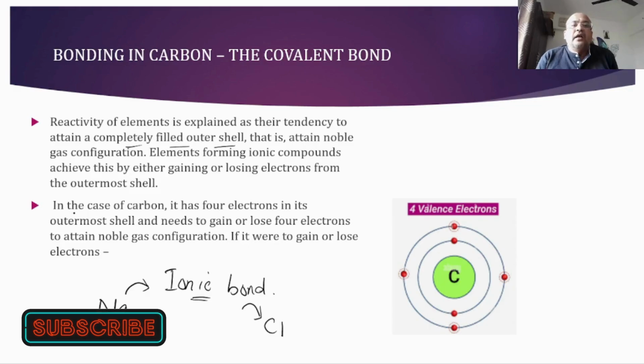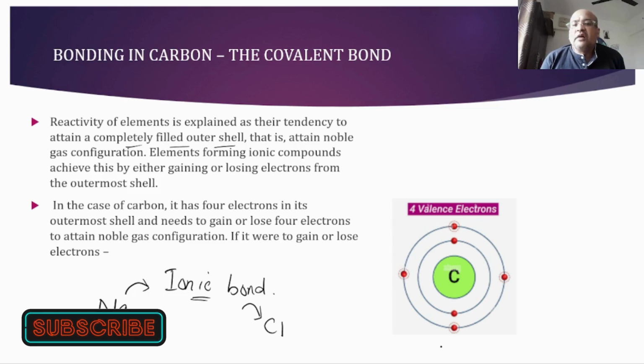In the case of carbon, it has 4 electrons in its outermost shell, and it needs to gain or lose 4 electrons to attain the noble gas configuration. Just see why it has to lose 4 electrons or gain 4 electrons.